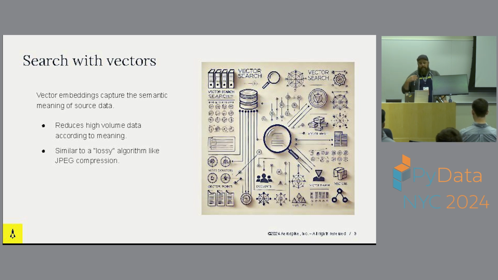It's a way for us to capture semantic meaning within a chunk of text, and then be able to query that with a different vector. So like a query, plain text, somebody asks a question, and we're able to find the relevant material. So it reduces this high volume data down to just that semantic meaning, if you will.